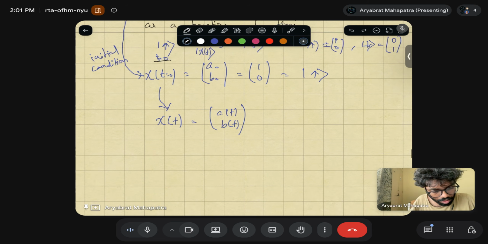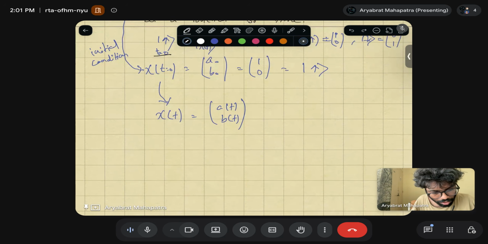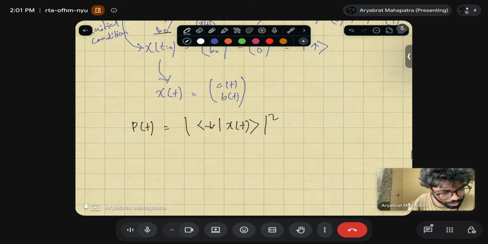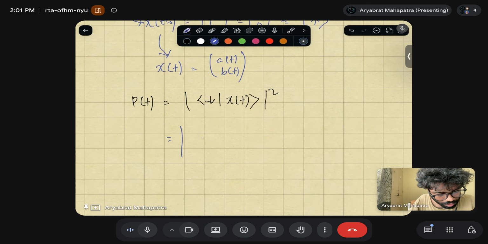So that means you can write your probability as the spin down state and chi of t. You have to take the inner product square of chi of t and the final state, that is spin down. So this can now be written as 0 1 with a of t and b of t.